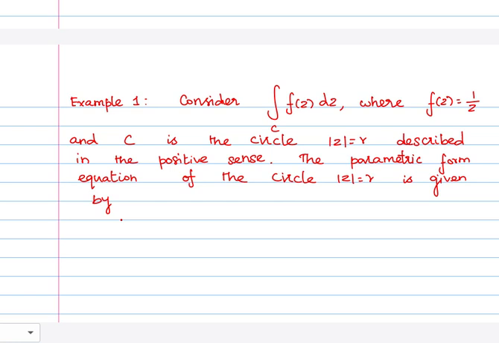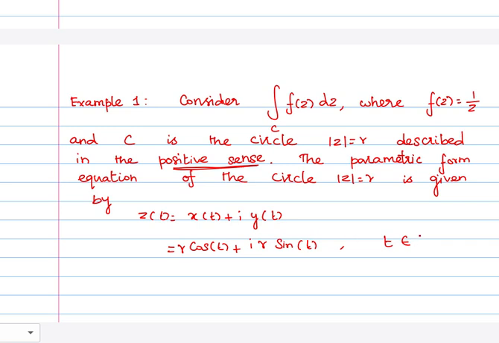I require z of t equal to x of t plus I times y of t. We can write x equal to r times cos t plus I times r times sin t, where t lies between 0 and 2 pi, because it is described in the positive sense, the anti-clockwise direction.